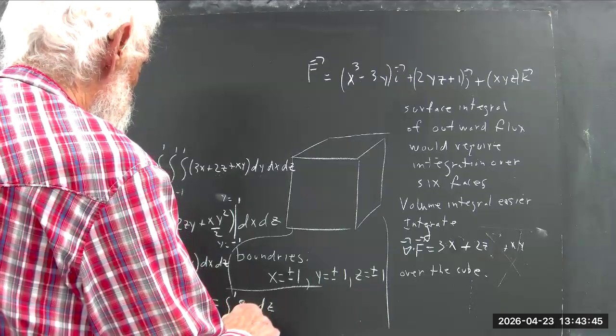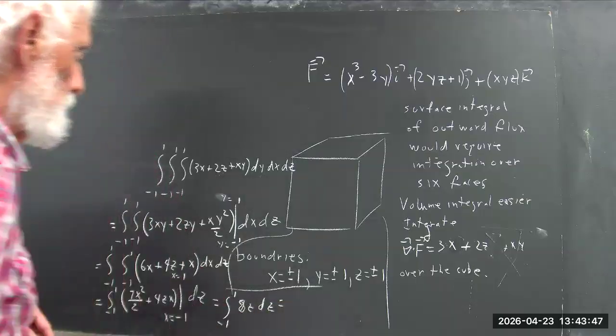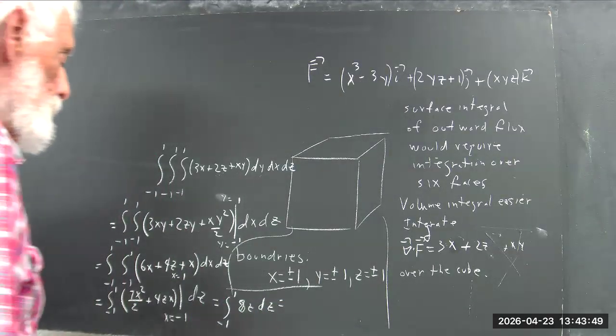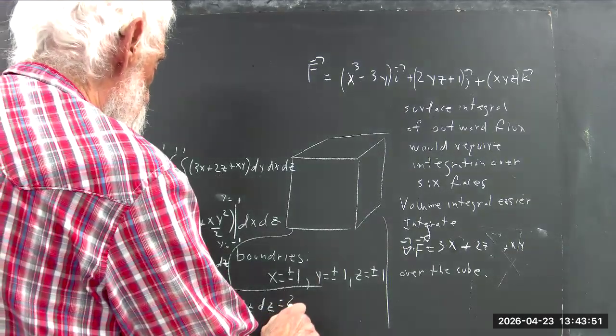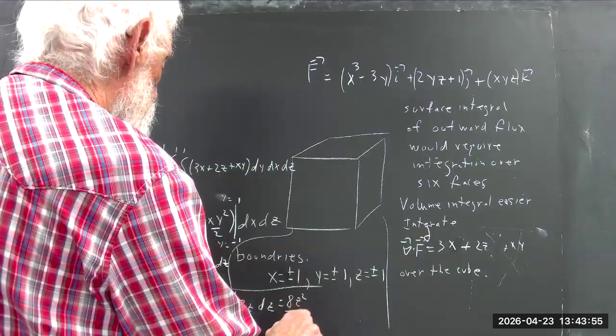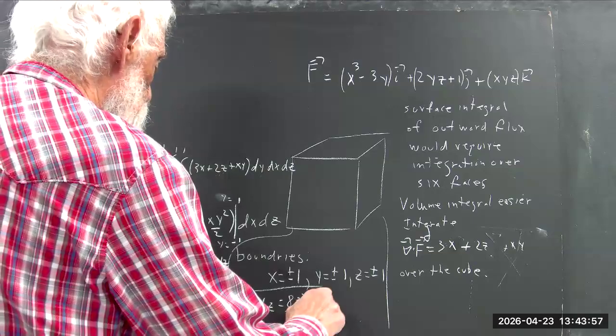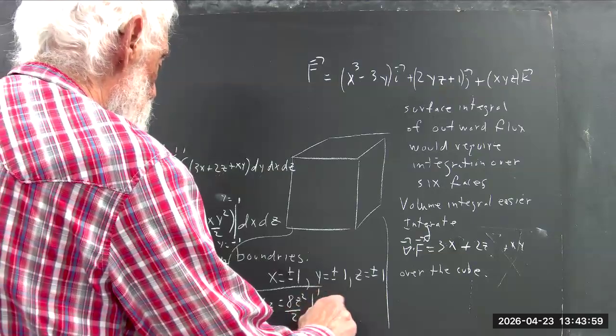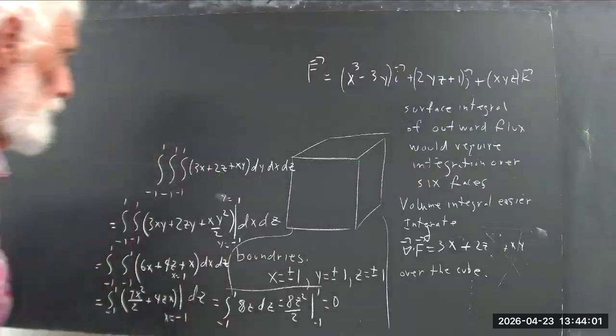And you've got 8z dz, which is 4z squared between -1 and 1, which is 0.